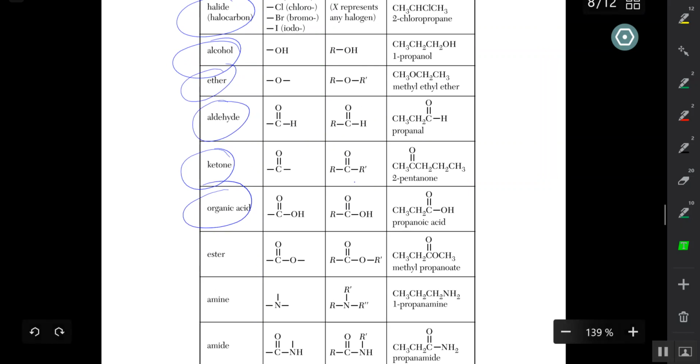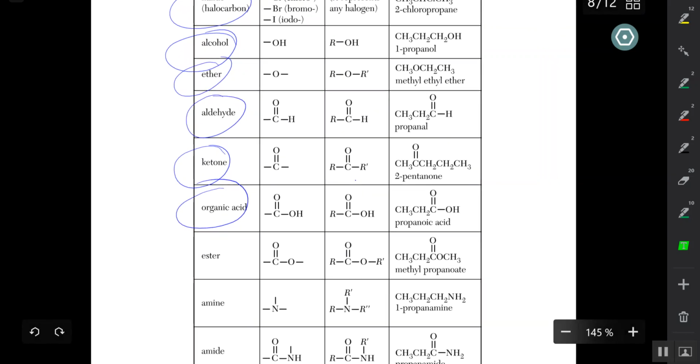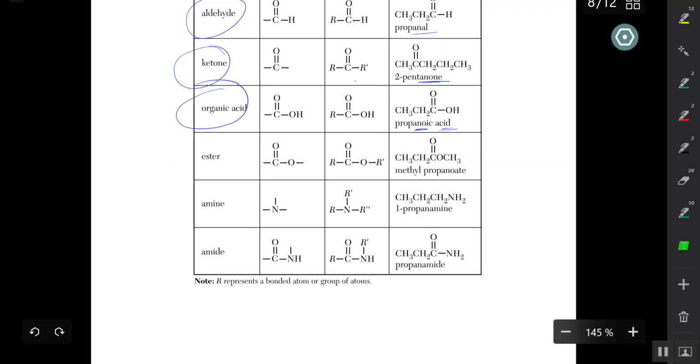If it's an organic acid, the name would always end in anoic acid. A ketone will end in anone. Aldehyde will end in anal. Ether will end in ether. Alcohol ends in anol, and so on. Amine ends in anamine. Amide ends in anamide.